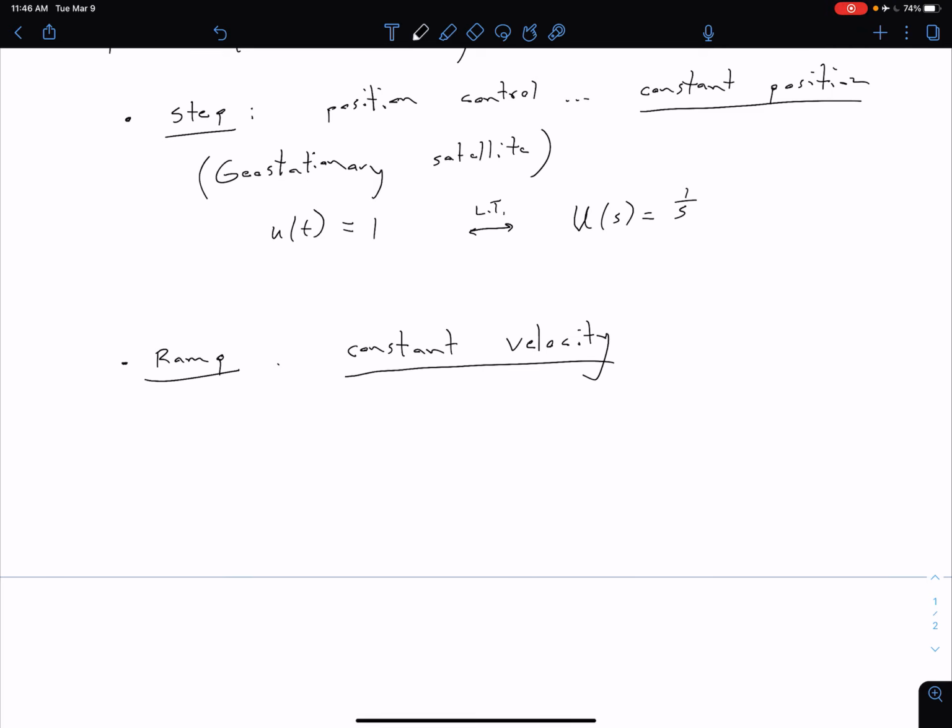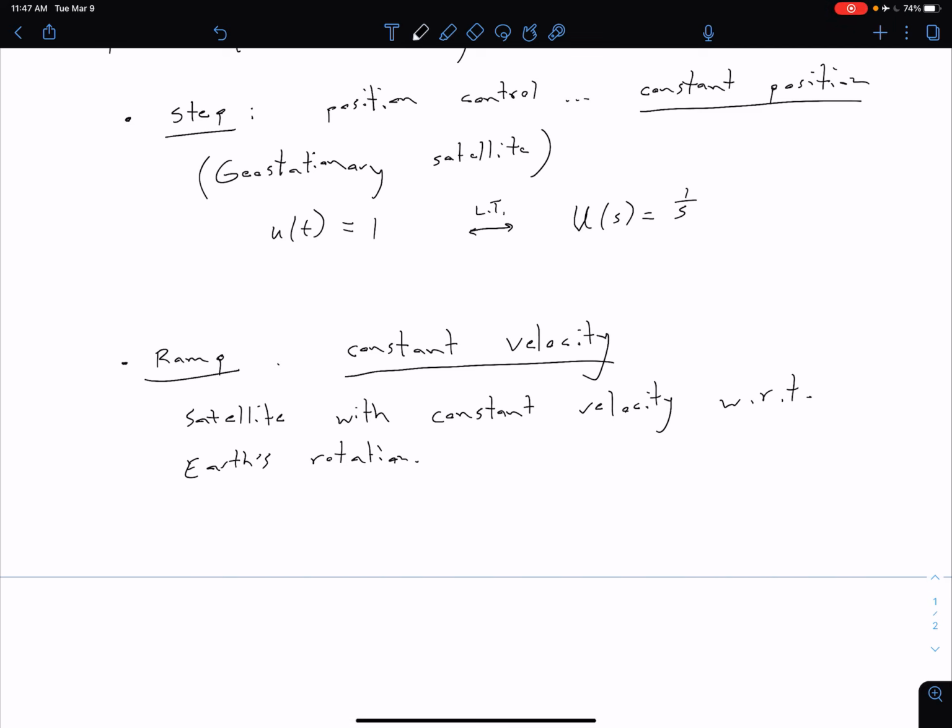An example of this, to relate to that geostationary satellite for our position control, would be a satellite that has a constant velocity relative to Earth's rotation. So, a satellite with some constant velocity, let's just say with respect to Earth's rotation.